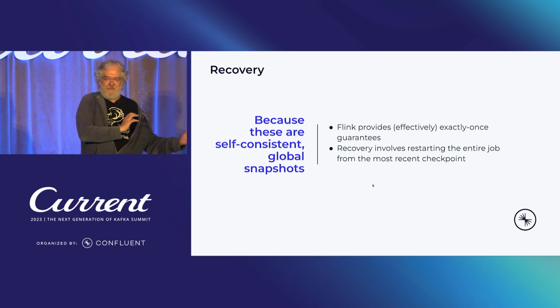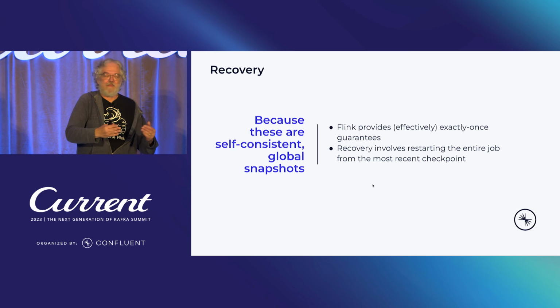Because these snapshots are self-consistent, there are a few things to understand about this. This means that you can rely on having what are effectively exactly once guarantees. Flink will, in the event of a failure, rewind back to the most recent checkpoint and start consuming again from there.